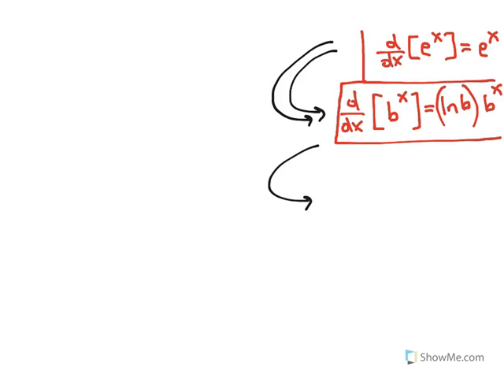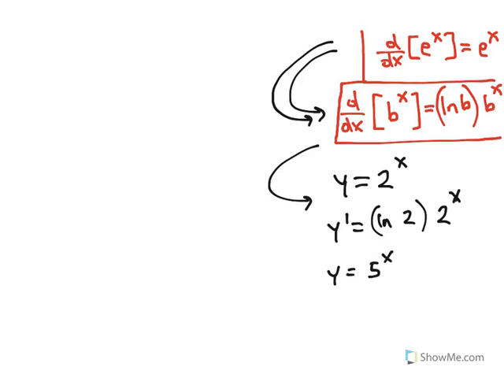It's very easy. For example, if you have the exponential function with base 2 and you want to find the derivative of it, it is simply natural log of the base times the function. So if you have y is equal to 5 to the x, the derivative would simply be natural log of the base times the function.